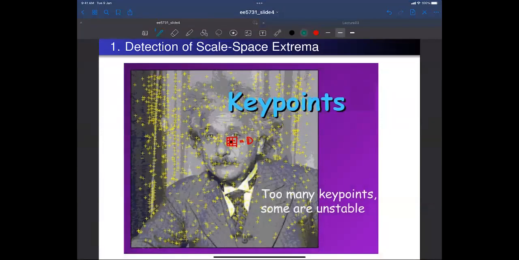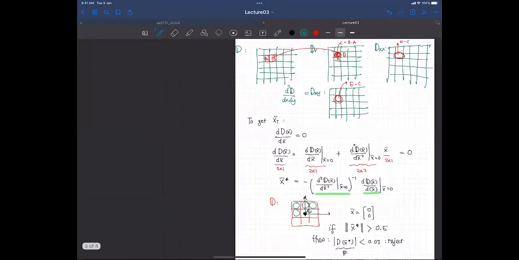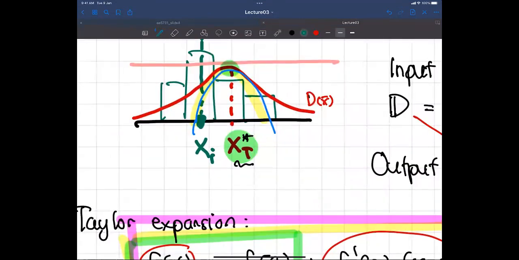The discrete one cannot change because it's already the input, the DOG matrix given to us. The analog one is the function, this red curve. The green one is the discrete one, the DOG.